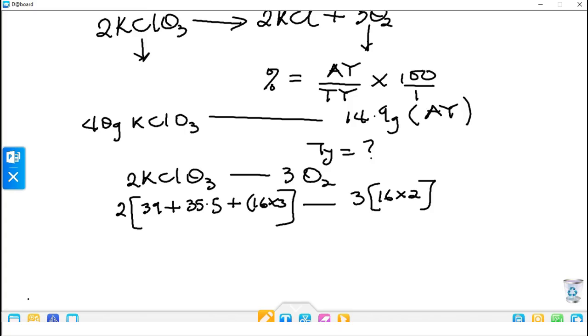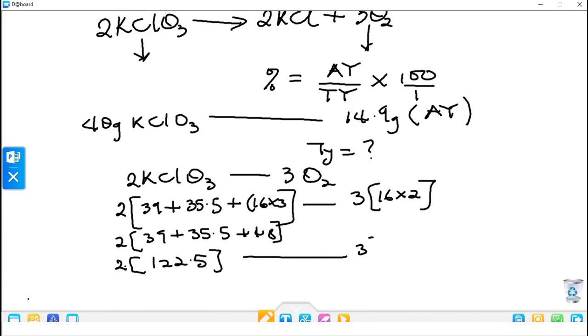So from the balanced equation, 2 moles of potassium chlorate gives 3 moles of oxygen gas. This will boil down to giving us 2 into 39 plus 35.5 plus 48, and that boils down to 2 into 122.5. And that will give us 3 into 32.